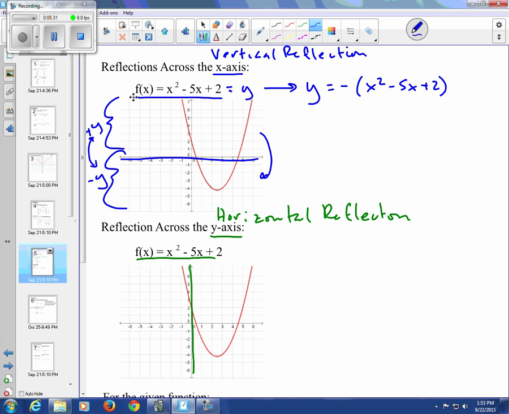If we make that equation negative, it's going to flip all the y values, giving us negative y values in our ordered pairs. And right here we can even simplify that a little bit. We could say y equals negative x squared plus 5x minus 2, and that would give us a graph that looks something like this. So this is approximately this graph right here.